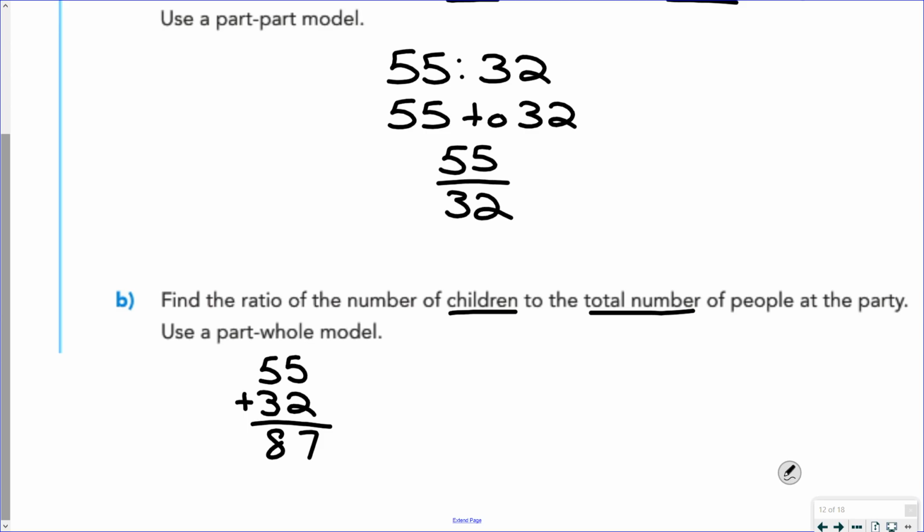So the number of children is 32, so it would be 32 to 87, or 32 to 87. And this is referred to as a part-whole because 87 does represent everyone at the party. And so that would be very similar to what you would do for a fraction.